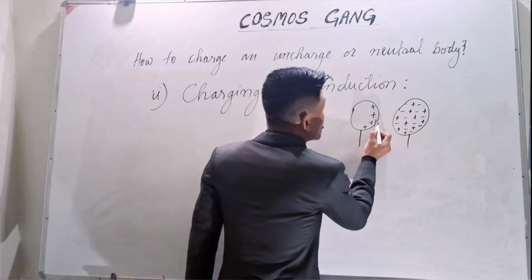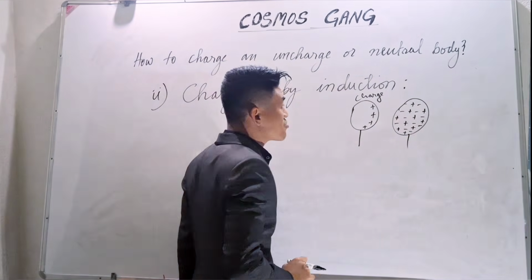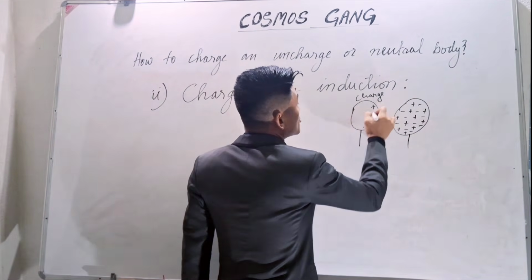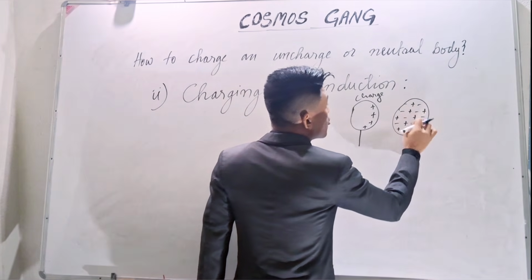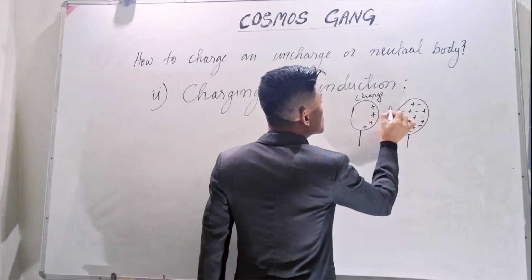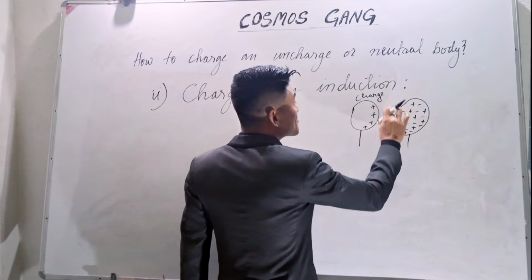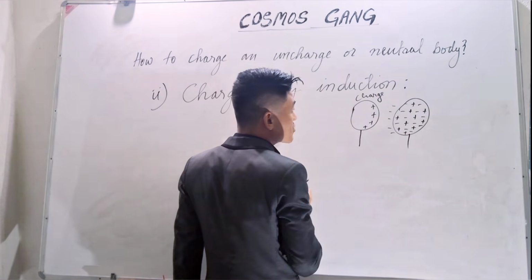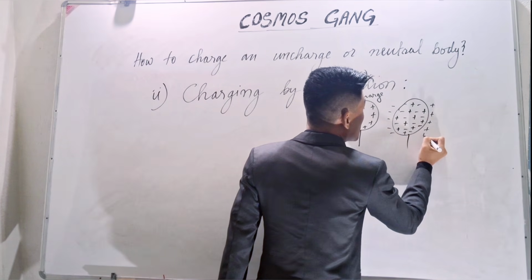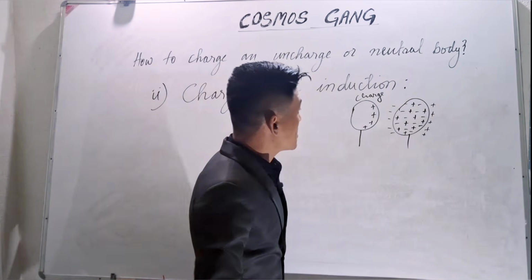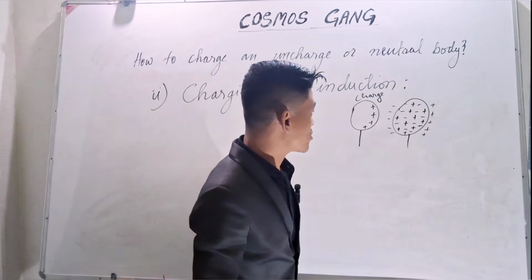When I bring a charged body near an uncharged body, due to the effect of this charged body, the negative charges on the neutral body will come towards the positively charged body, and the positive charges will go to the opposite end, making the neutral body a dipole where one side is negatively charged and the other side is positively charged.